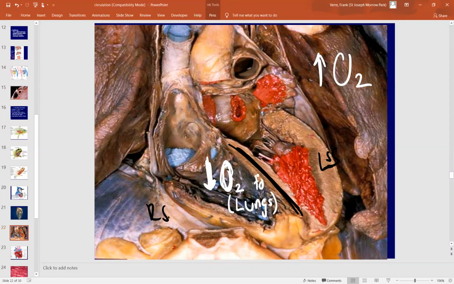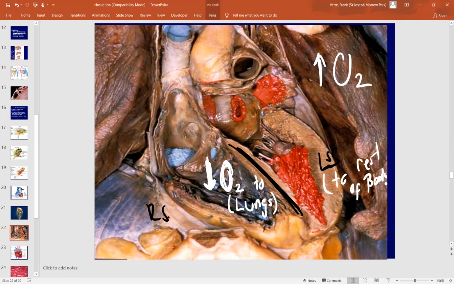Whereas the left side, its job is to receive that oxygen-rich blood from the lungs. Remember, in the lungs, you pick up oxygen. Its job on the left is to get that oxygen from the lungs and then send it to the rest of your body.